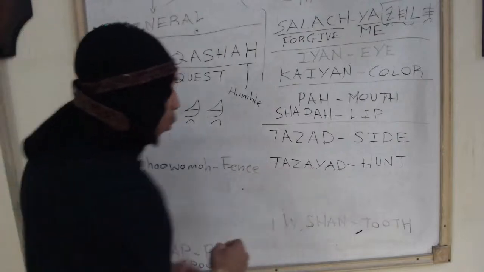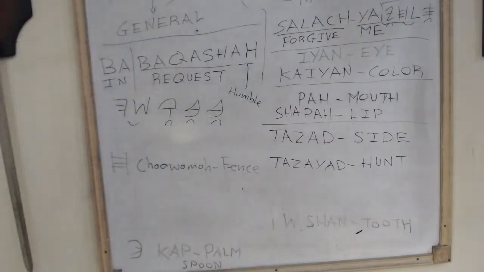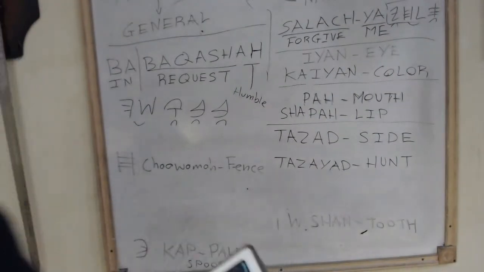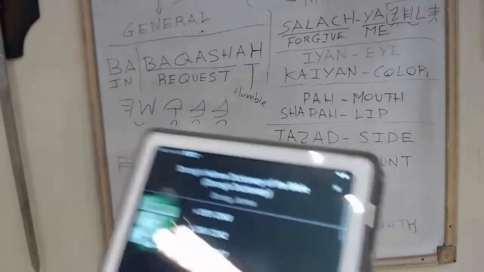I wanted to see Tazawad. I need to see how it is written first, just give me a second. So I'm going to my concordance. Can you see it? Not clear.